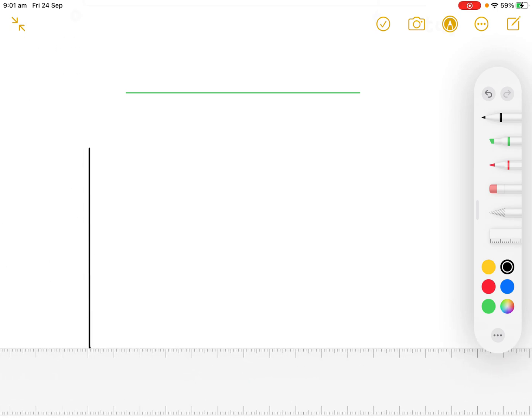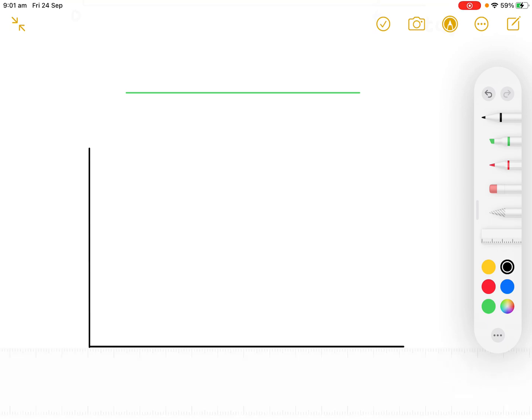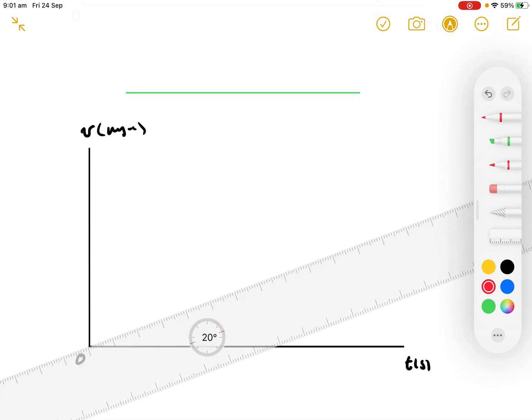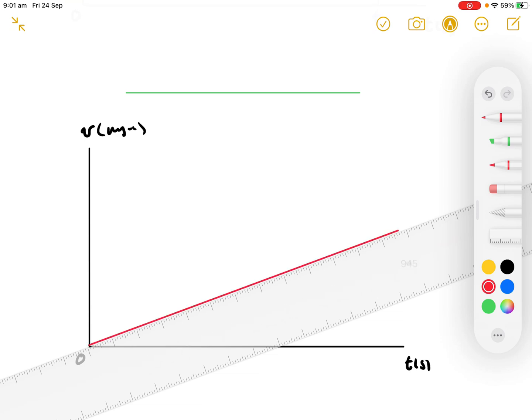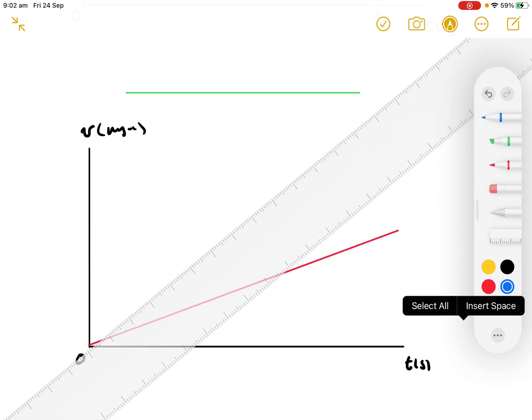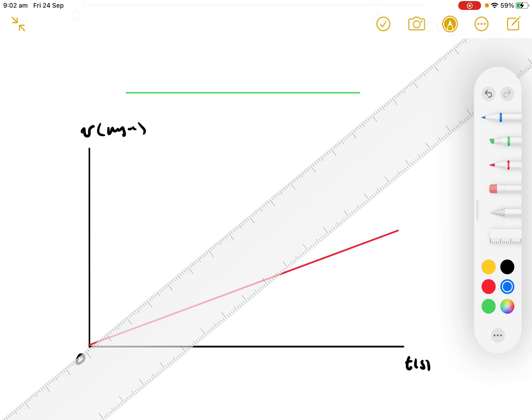Now that you know the gradient of a velocity time graph gives you the acceleration, hopefully you would be happy agreeing that, say we had an acceleration like that, that would be a particular acceleration. Here is a different acceleration, so different motion.